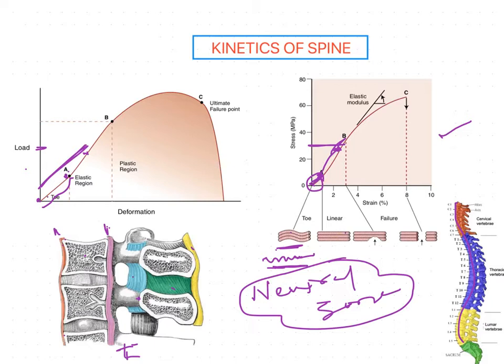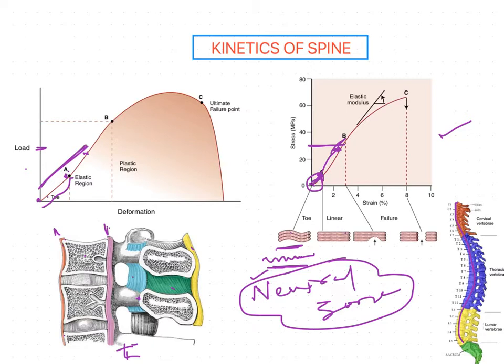When the vertebral column is unstable, it exhibits a greater than normal range of motion. You have to keep this in mind about the neutral zone. So if the neutral zone is increased, instability of the vertebral column is present.